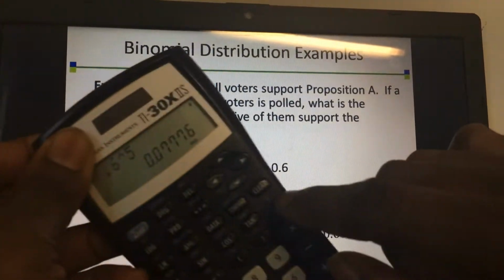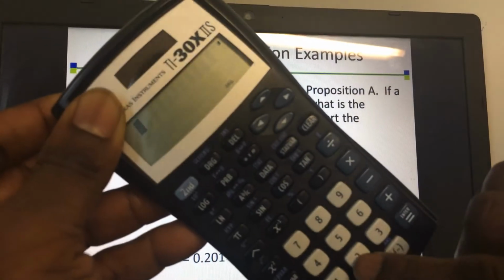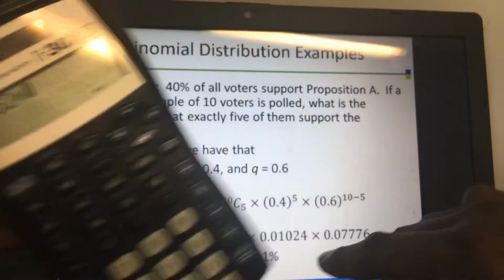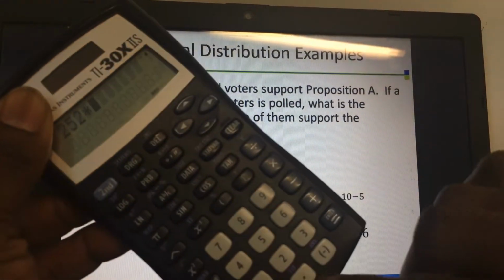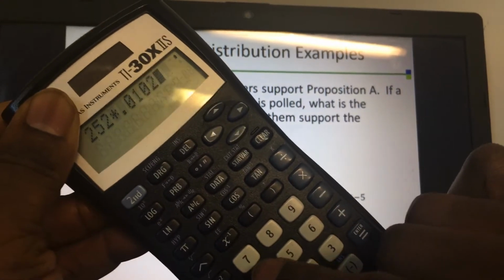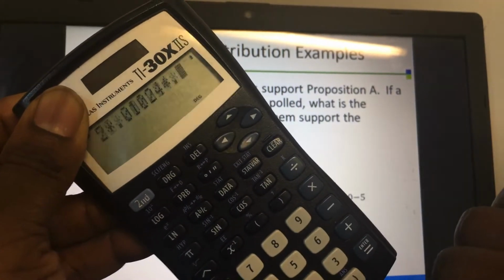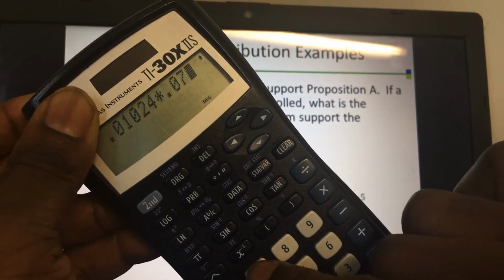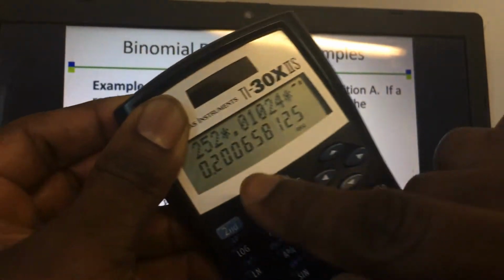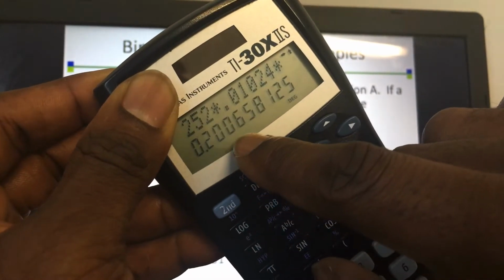So you multiply them, and you're going to have 252 times 0.01024 times 0.07776, which gives me 0.20065.